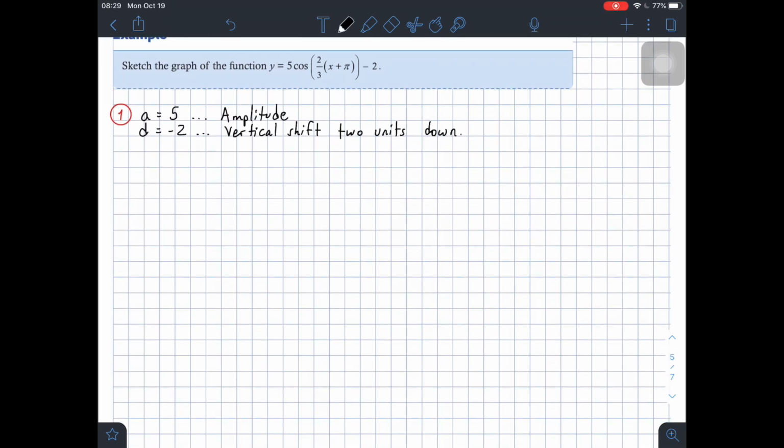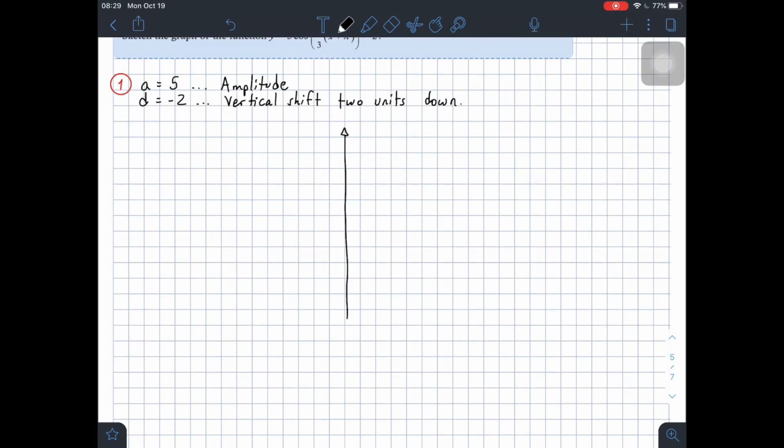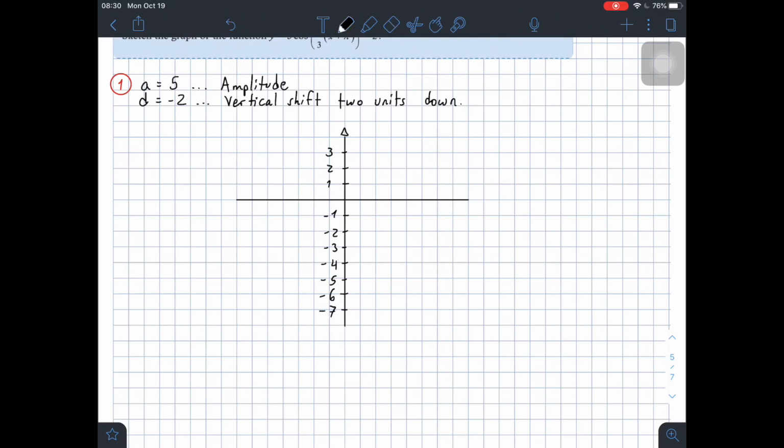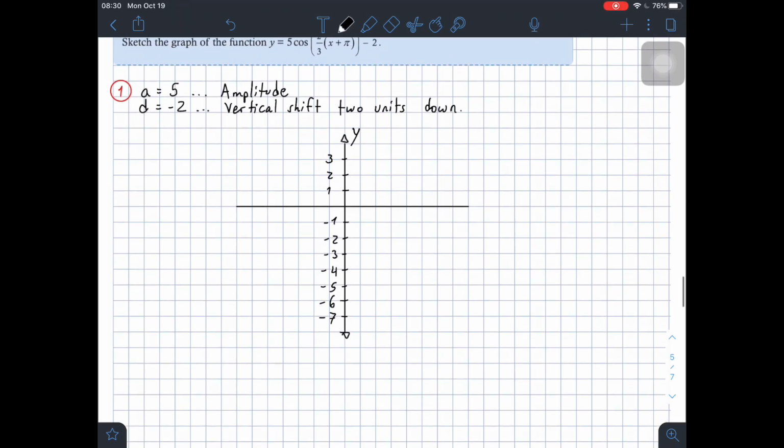Okay, so I'm gonna make my coordinate plane here. Our maximum value is 3, so 3, 2, 1, then we have 0 right here, then -1, -2, -3, -4, -5, -6, and -7. Okay, that's fine. Let me erase this small part here. There. So this is y, and for x, I'm gonna go pi by pi.